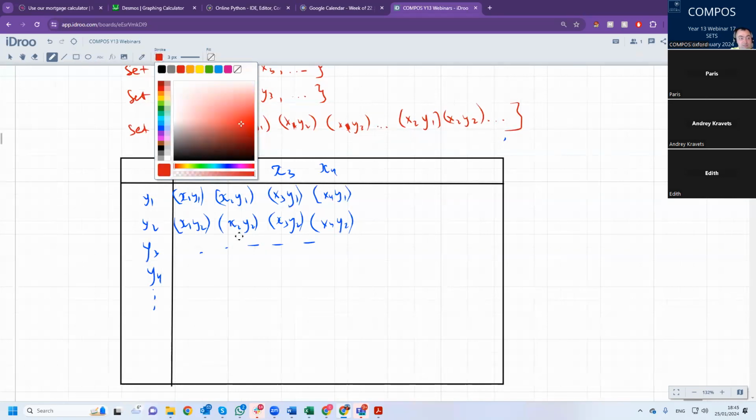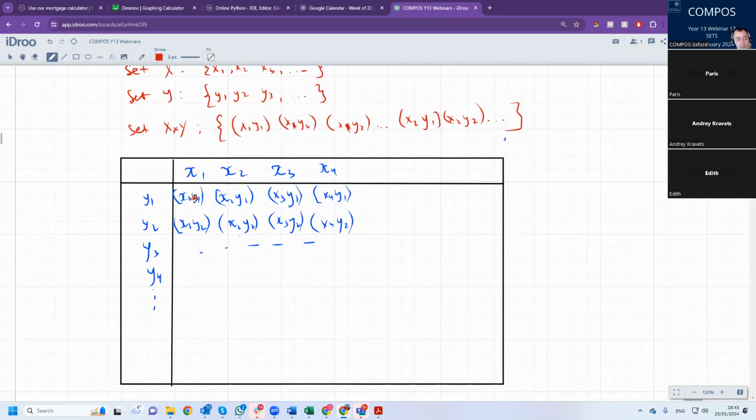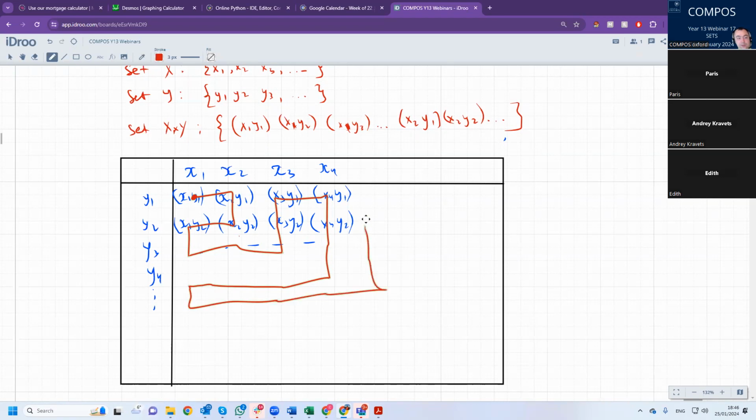You can start counting 1, 2, 3, 4, 5, 6, 7, 8, 9, 10, and so on up to 25, etc.